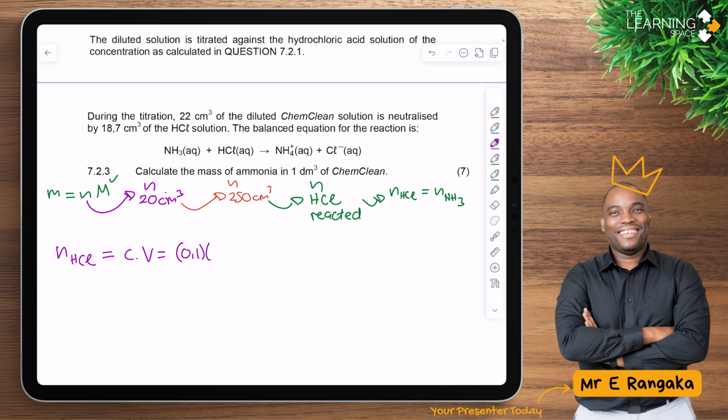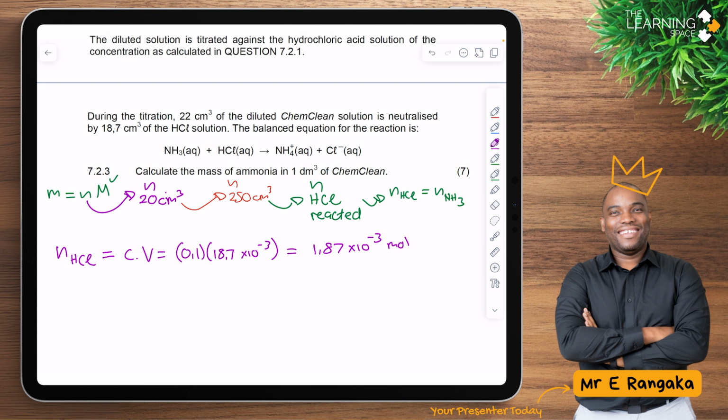The volume was given to us just up here as 18.7 cubic centimeters. In this case, I do have to convert, so I have to divide it by 1,000. So we'll then end up with 18.7 times 10 to the negative 3 cubic decimeters. If you calculate that and put that together, you should then get an answer of 1.87 times 10 to the negative 3 moles of HCl.